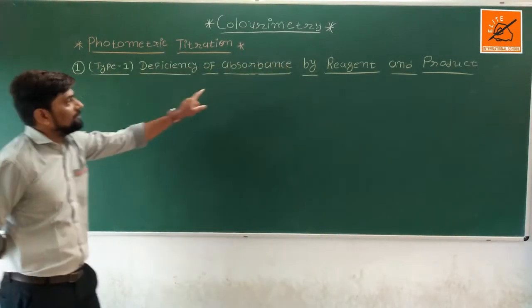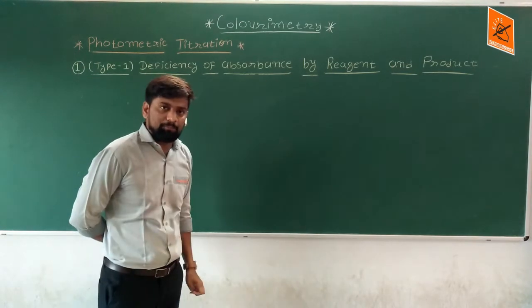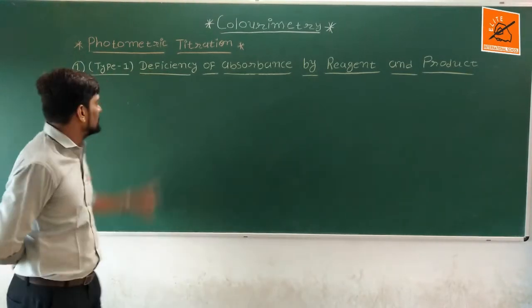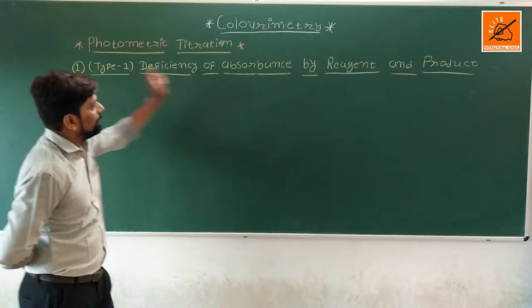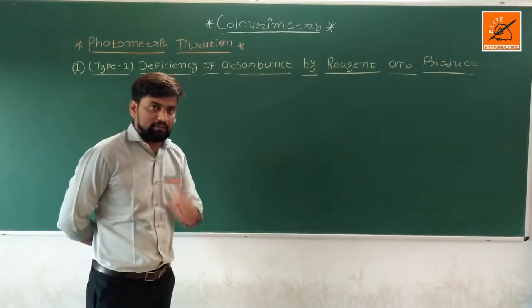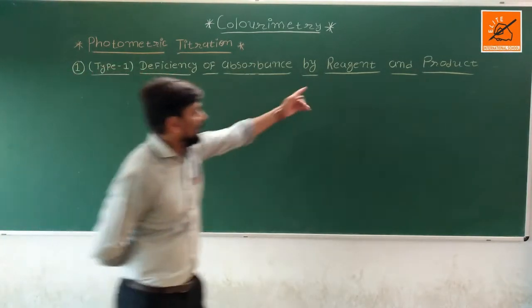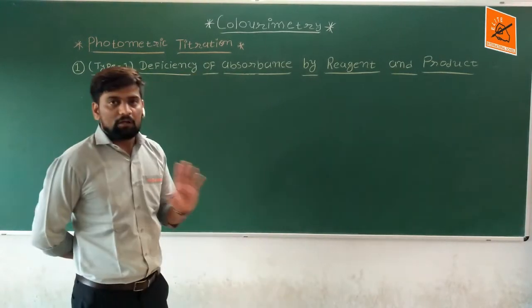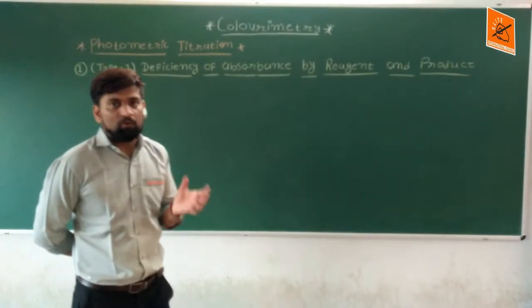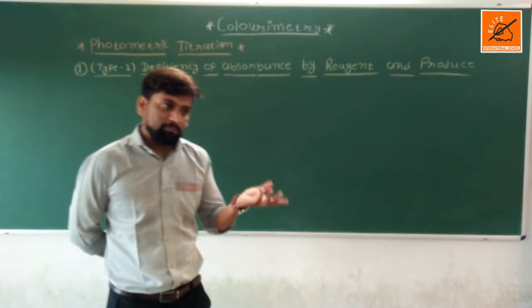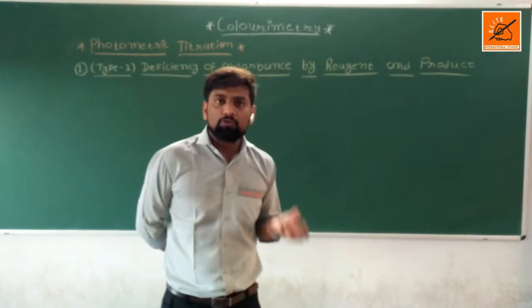When there is deficiency of absorbance by the reagent and product, type 1 graph is obtained. When reagent and product are colorless, a colorless compound does not have the absorbing property, so light is not absorbed by them.